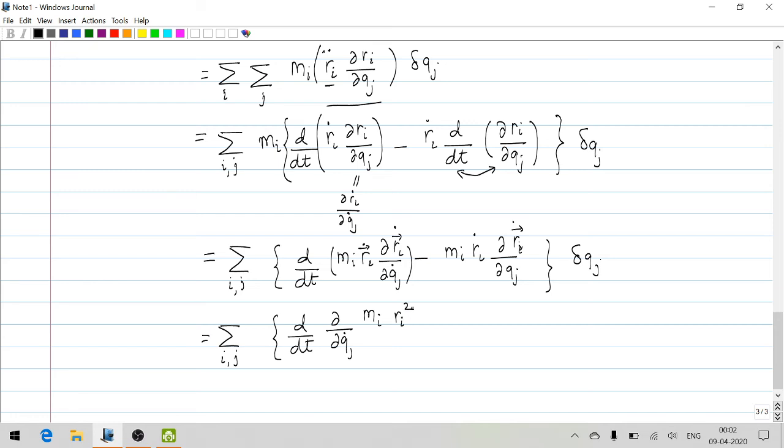But the square derivative will be 2 Ri dot, so the additional 2 I should remove from here. So I write half here. Similarly over this term also I can write this as dou by dou Qj, mi Ri dot square, and again I will have to divide by 2 because I'll get an additional term when I take the derivative, delta Qj.